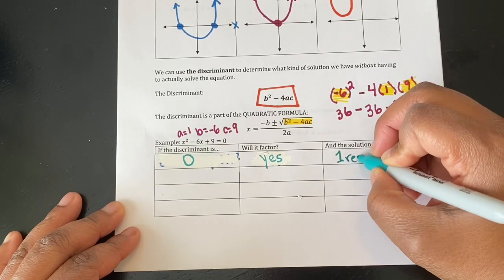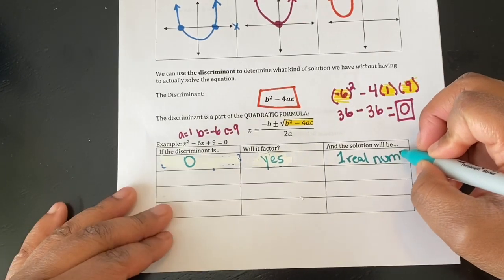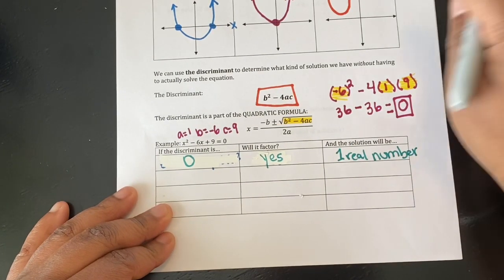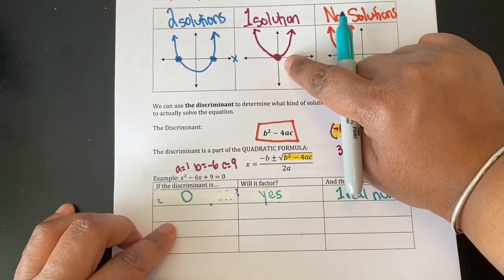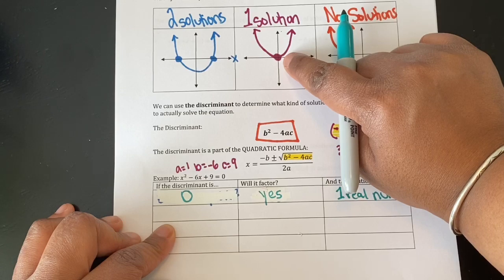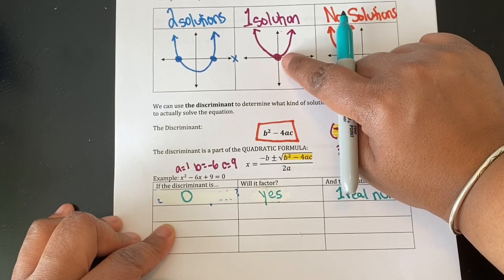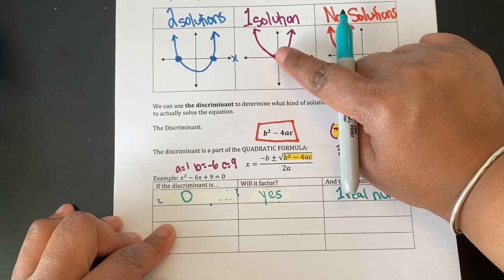That's like this one up here. I don't know what the equation for this graph is, but what I do know is that the discriminant for this one is 0, because there is just one solution.